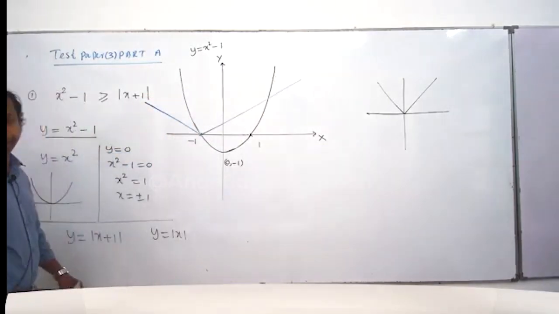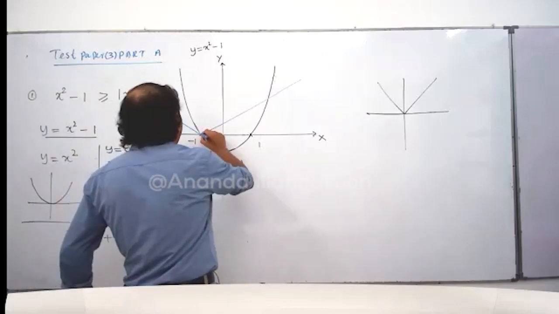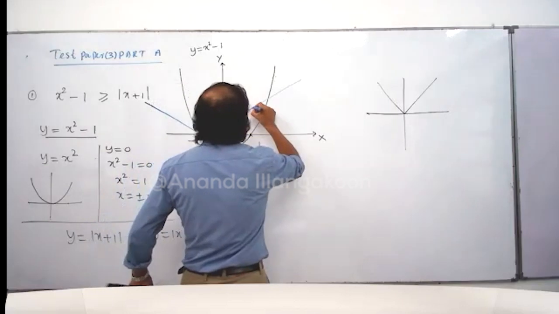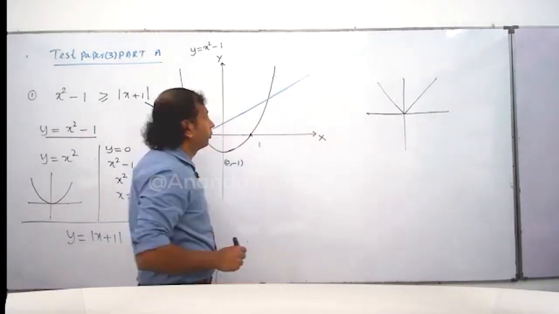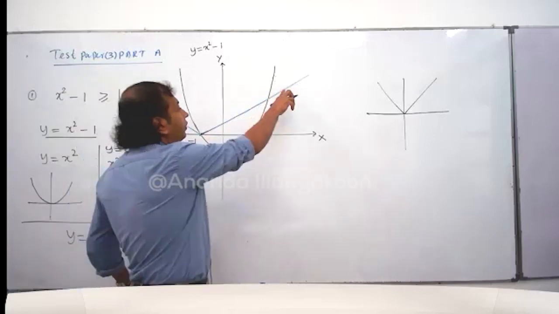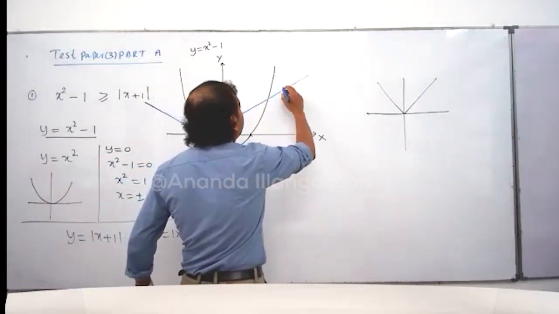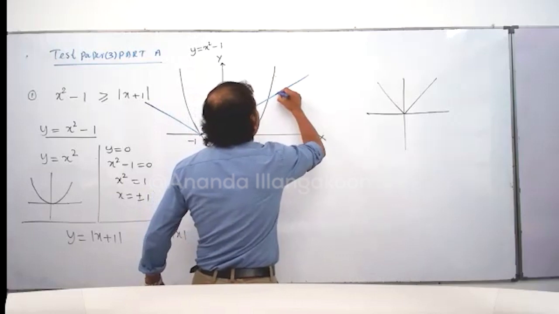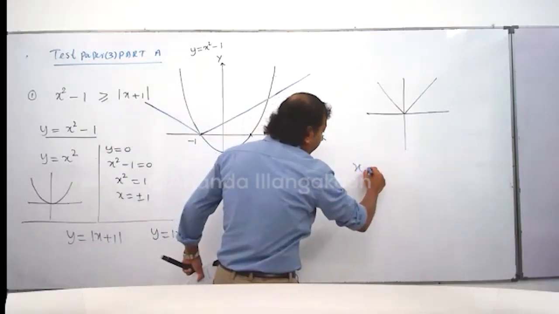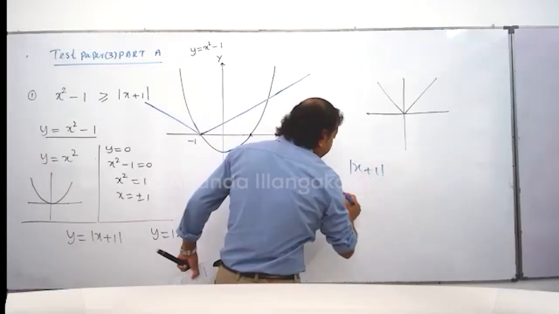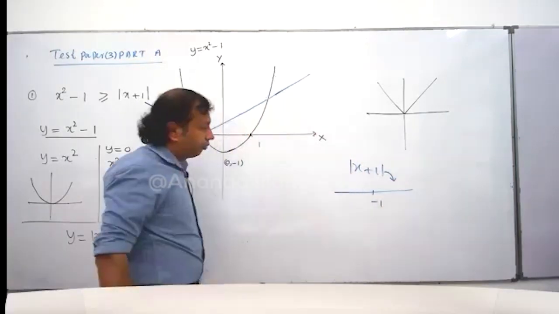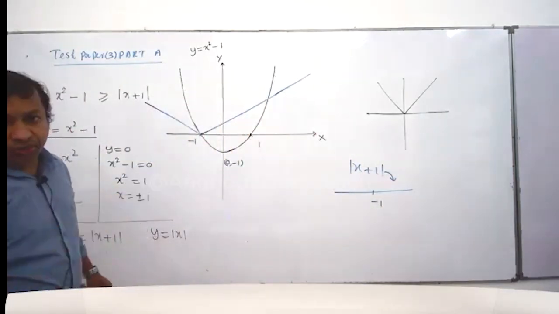Okay, this is the mod x plus 1 graph. When I consider this branch, its equation, mod x plus 1 changes at minus 1. On the right hand side of minus 1, mod x plus 1 takes x plus 1.